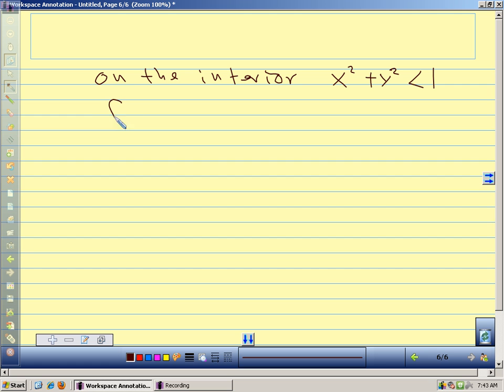We're going to find our first partials. The first partial with respect to x, we already figured out: minus y over 4, e to the minus xy over 4. F sub y is minus x over 4, e to the minus xy over 4. And we want both of those equal to 0. We're looking for our critical points.